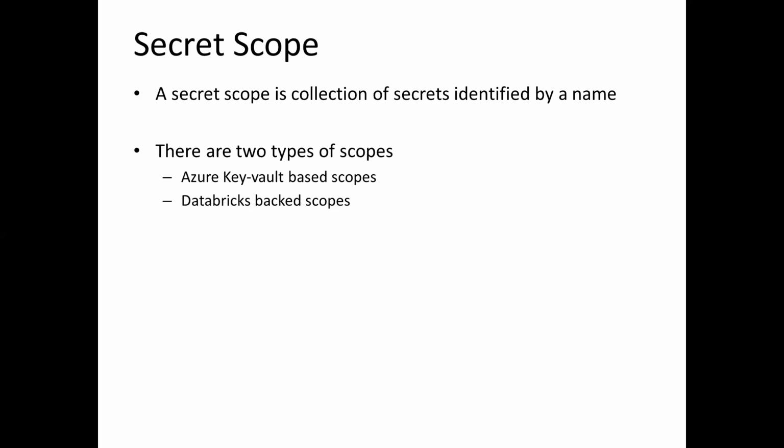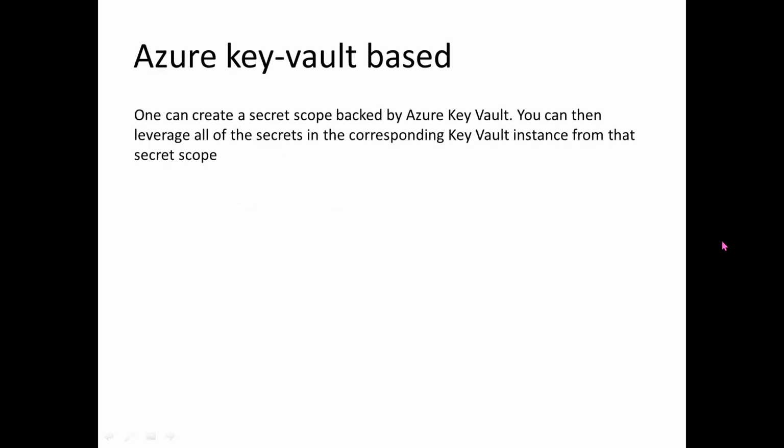And the second option is that Databricks also comes with its own scope. You can create their own backend. They have their own service to manage the scopes as well. So there are two types we can deal with.